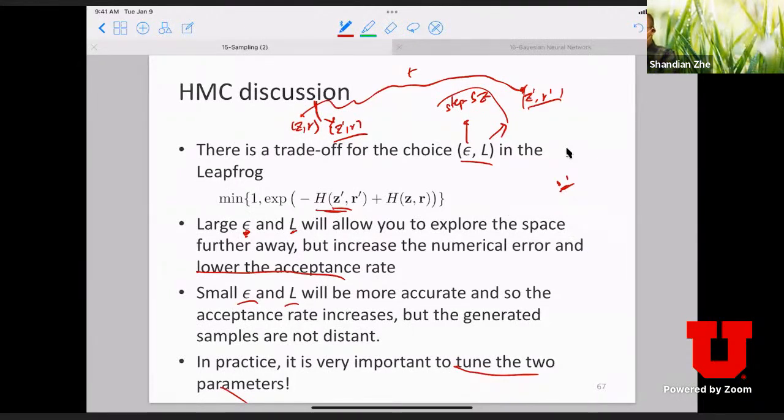Practitioners often suggest that you tune epsilon and L to maintain an acceptance rate of just 60 to 70%. That's the rule of thumb. In that case, of course, you have a non-trivial chance of dropping samples, but at the same time, you can quickly traverse the whole sample space.